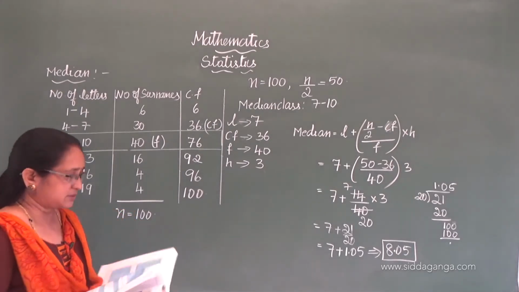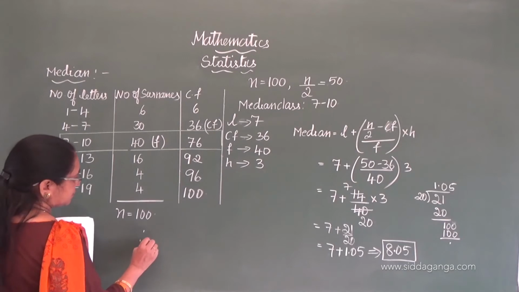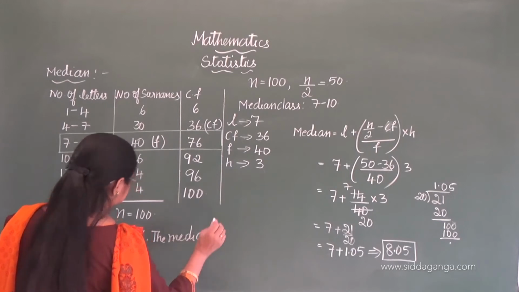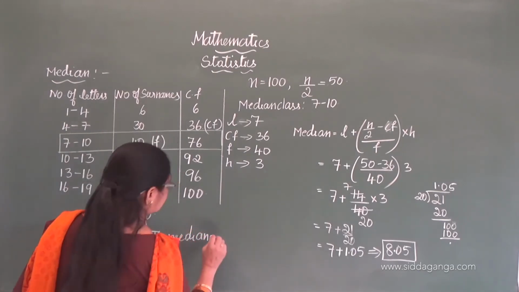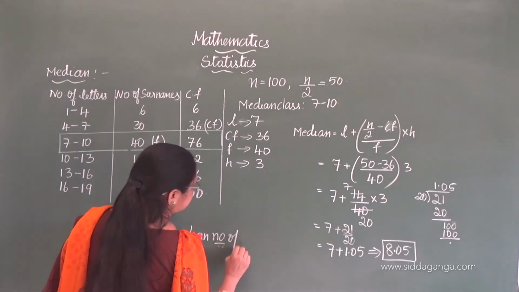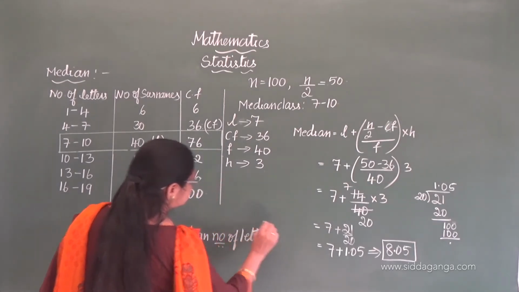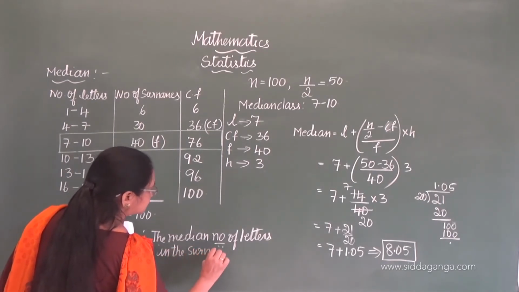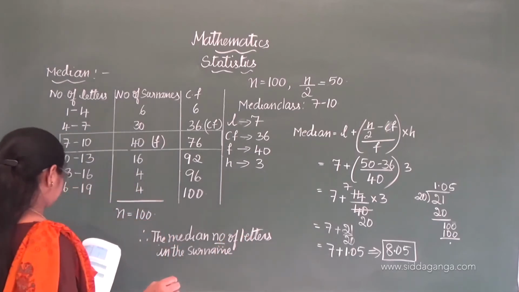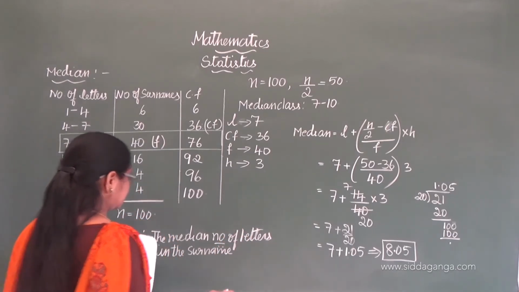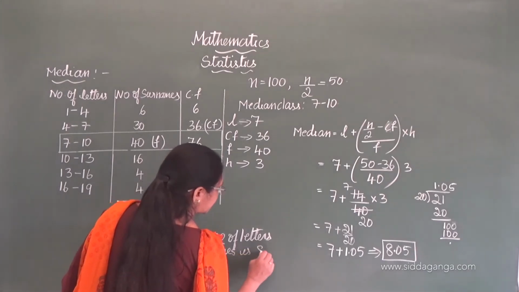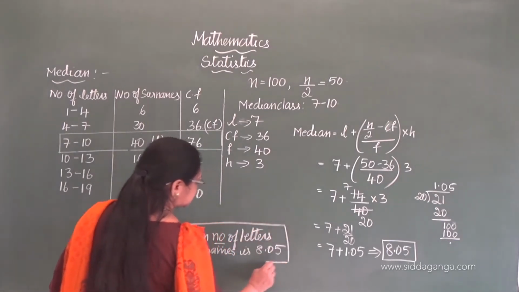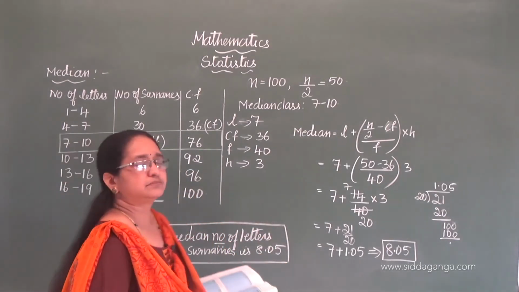So you write the conclusion: therefore, the median number of letters in the surnames is 8.05. This is the conclusion you should write for the median.